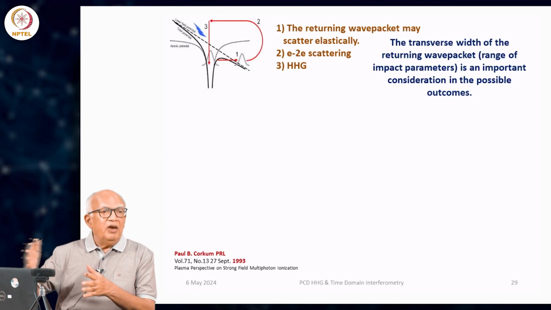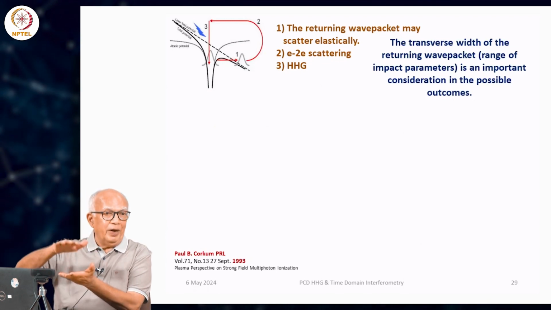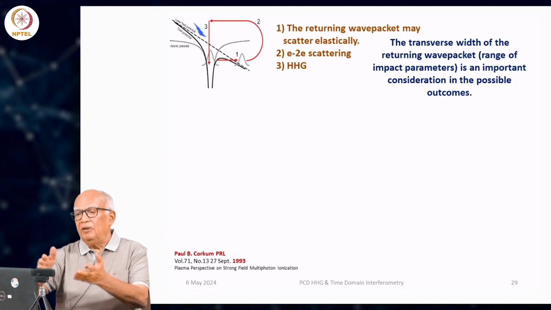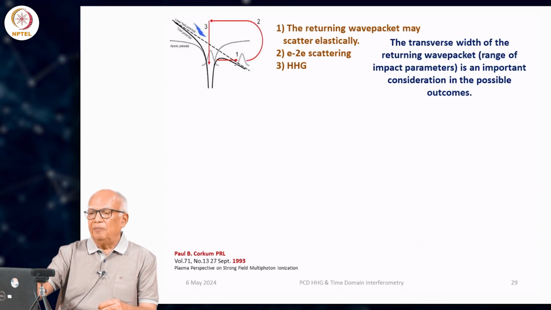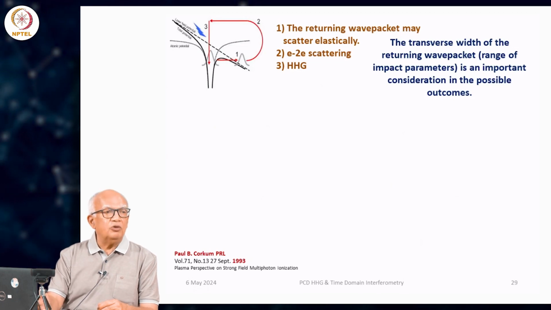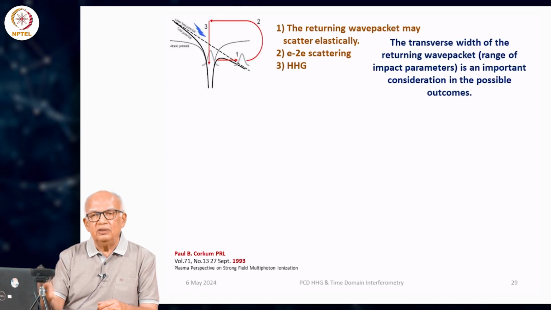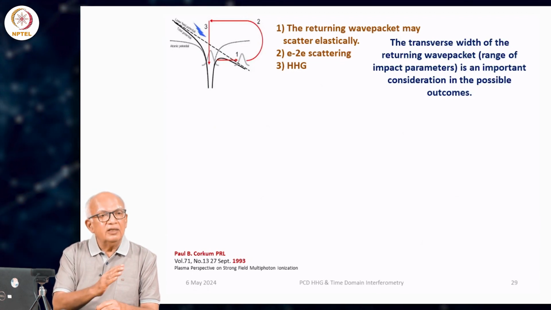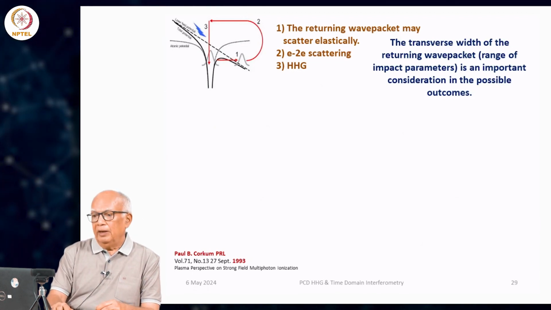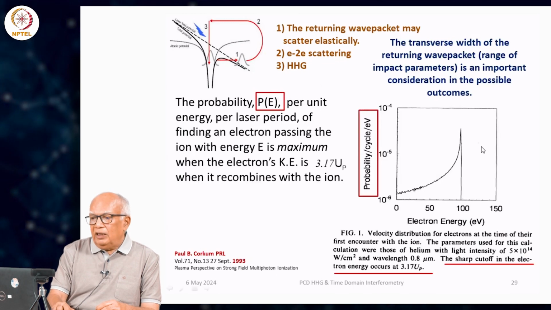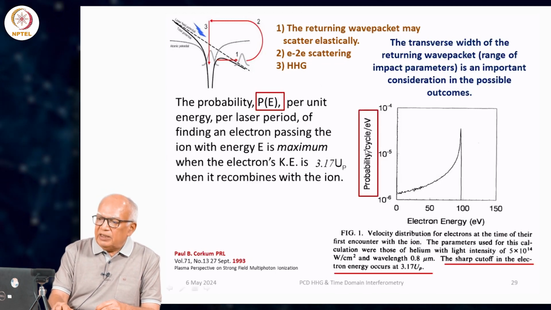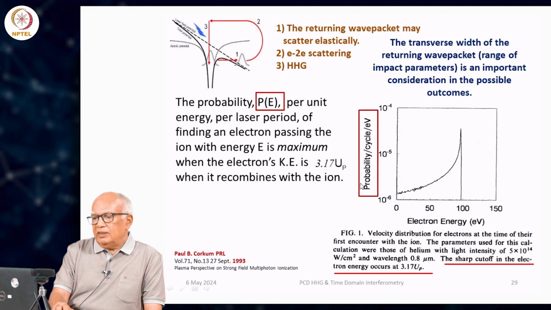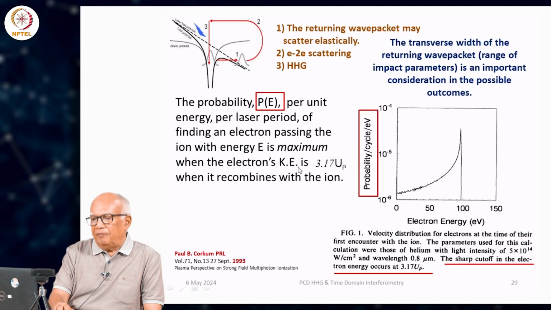So the returning wave packet has a transverse width, and the transverse width is an important factor in determining whether e-2e scattering takes place or high harmonic generation takes place. So this is a matter of great detail. Our focus in this course is high harmonic generation. And now if you look at this probability per cycle per electron volt, then this has a cutoff.